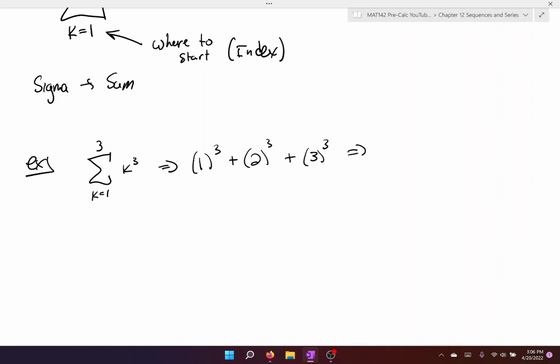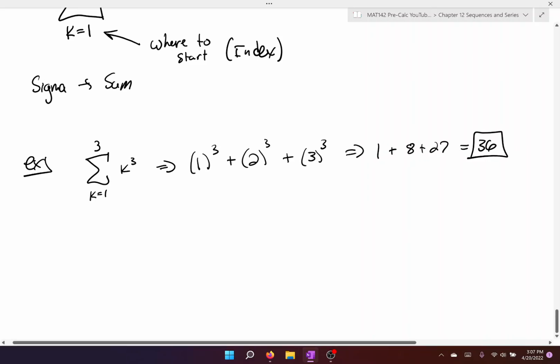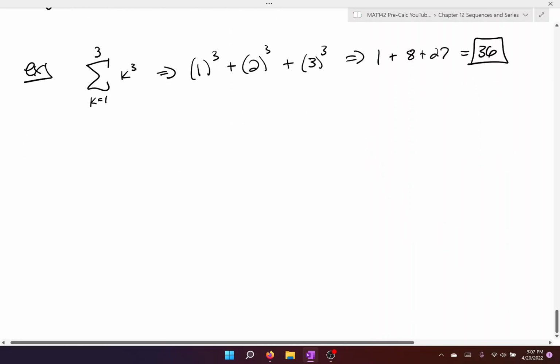And then if you add all these up, you would get 1 plus 8 plus 27, which is 36. So that's really all that this is. It's just a nice, quick, efficient way to write summations in general. And you're going to see this summation notation a lot the further in the math world you go.